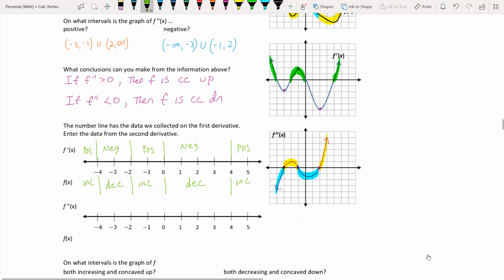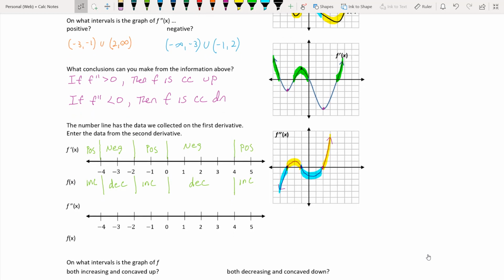And f double prime, I want to know where f double prime is positive versus negative. So I'll do this one in a different color here. F double prime is negative from negative infinity all the way up to negative 3. It was also negative from negative 1 to 2. And it was positive in these other intervals.